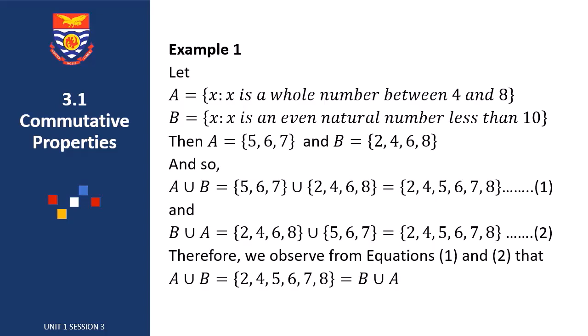So we conclude that A union B is equal to 2, 4, 5, 6, 7, 8, and that is the same as B union A. Get two sets of your own choice and verify this property and discuss the answer with your colleagues.